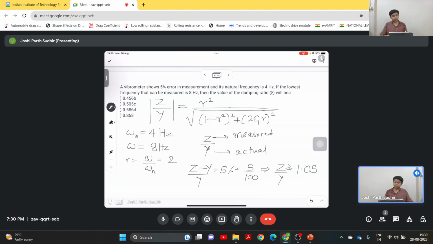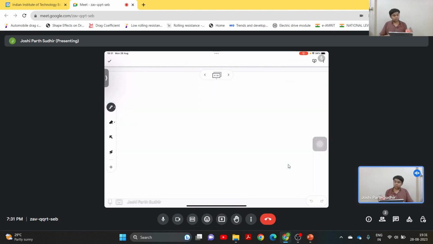we can get an equation: 1.05 is equal to 2 square upon the square root of (1 minus 2 square) the whole square plus (2 into zeta into 2) the whole square. Using the given data we get the equation in terms of the damping ratio, and we can solve this equation to get the value of damping.